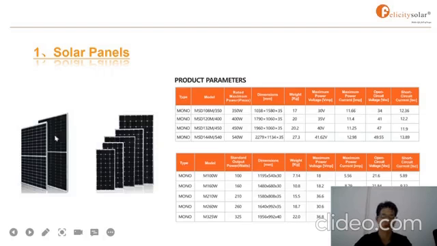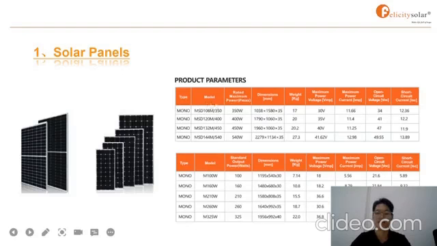The advantage of the half cut is it generates less heat and has higher efficiency. You can also see from these 2 charts, all of them are monocrystalline, and the MSD 100, MSD 108, all the MSD is the half cut, and the M series is the full size.